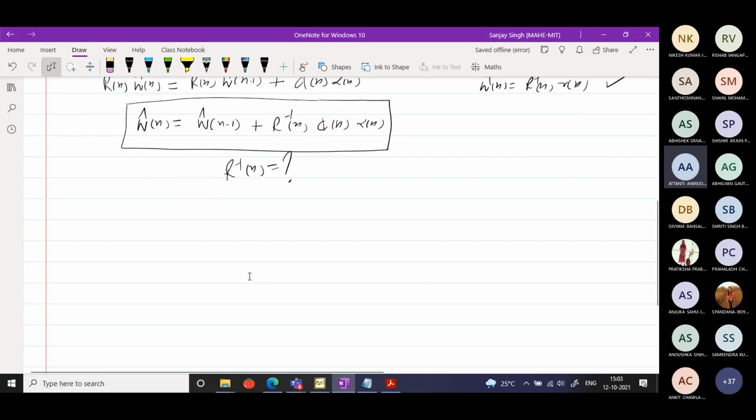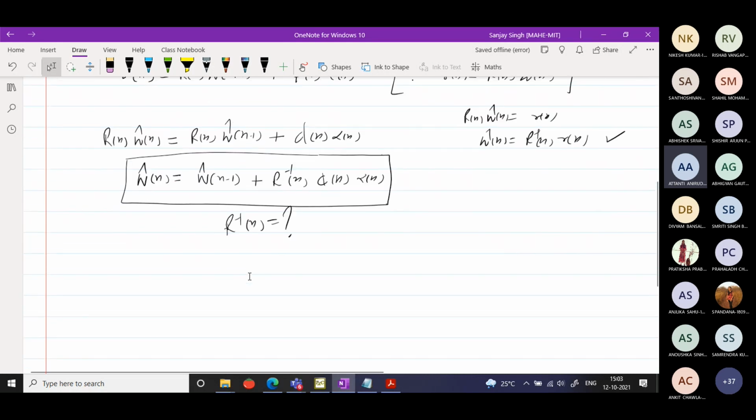For this, we have to talk from the perspective of the matrix. We are looking for a formula for recursively updating this R inverse, or basically the correlation matrix. So we'll consider this one.